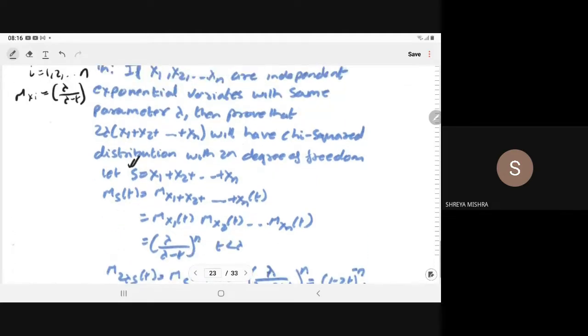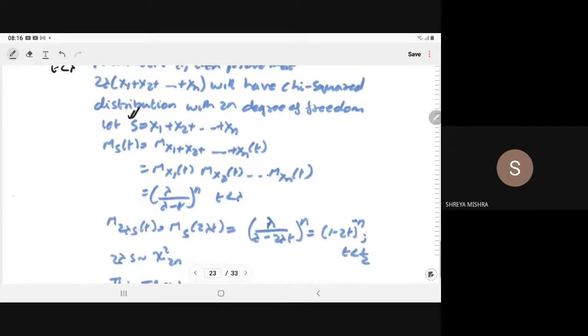So we write lambda upon lambda minus t corresponding to x1, x2, and up to xn. That gives you lambda upon lambda minus t, to power n.